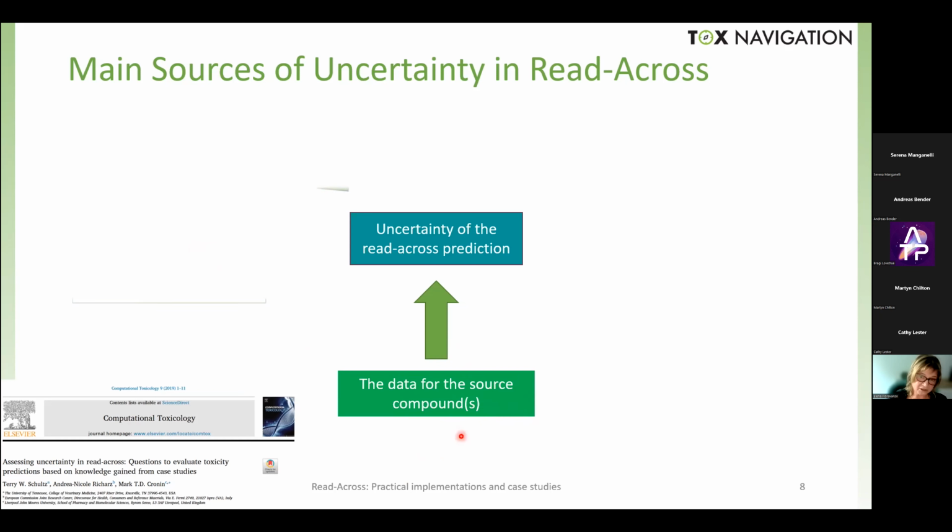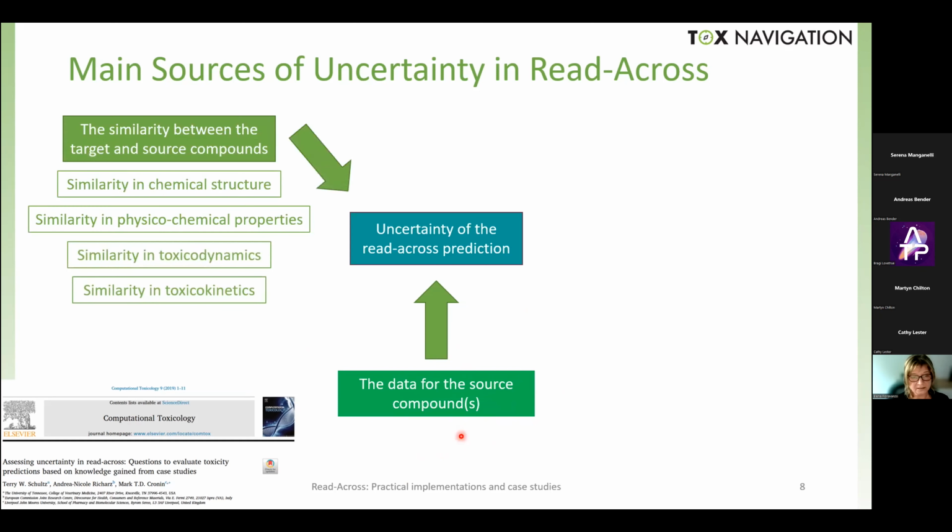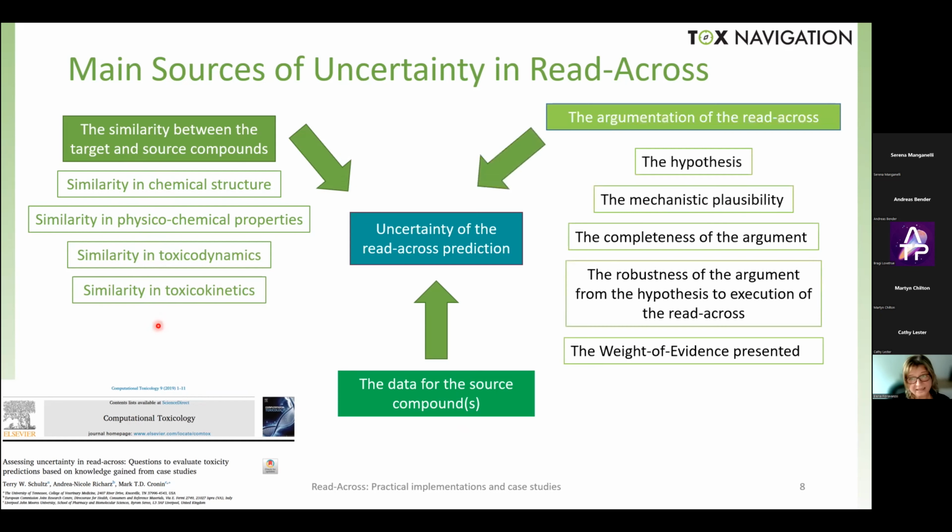And then we have two groups of uncertainty. One comes from the similarity between the target and the source compounds, and again, here we find the different flavors of similarities. And then there is the uncertainty that comes from your hypothesis. Do you have a strong hypothesis that has a mechanistic basis behind it?